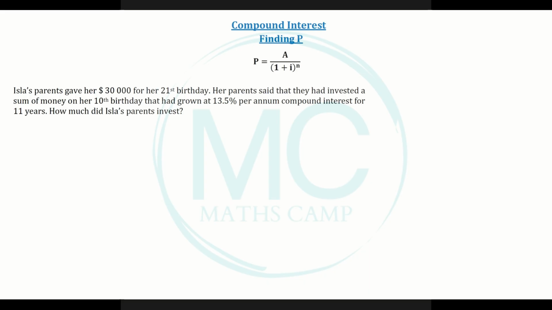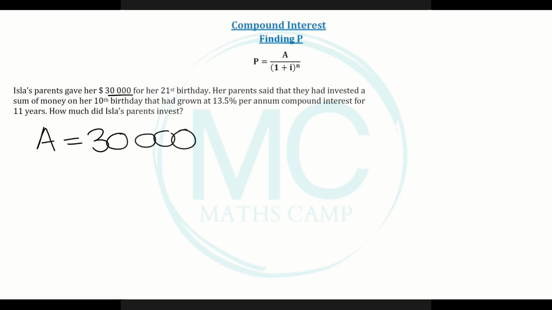It is the amount you start with at the beginning of an investment. And this is the amount we need to find in this question. So let's find our A, I, and N values. Isla's parents, after their investment, had $30,000. Our A value. So you can say A is equal to 30,000.